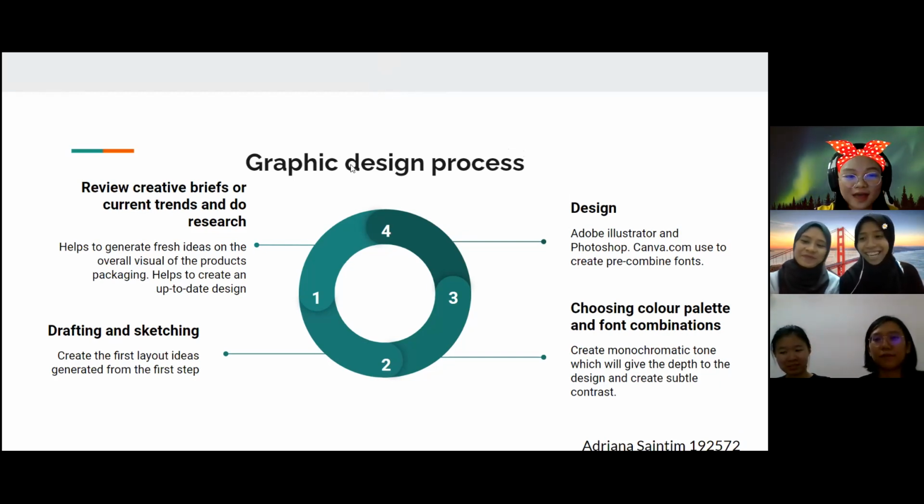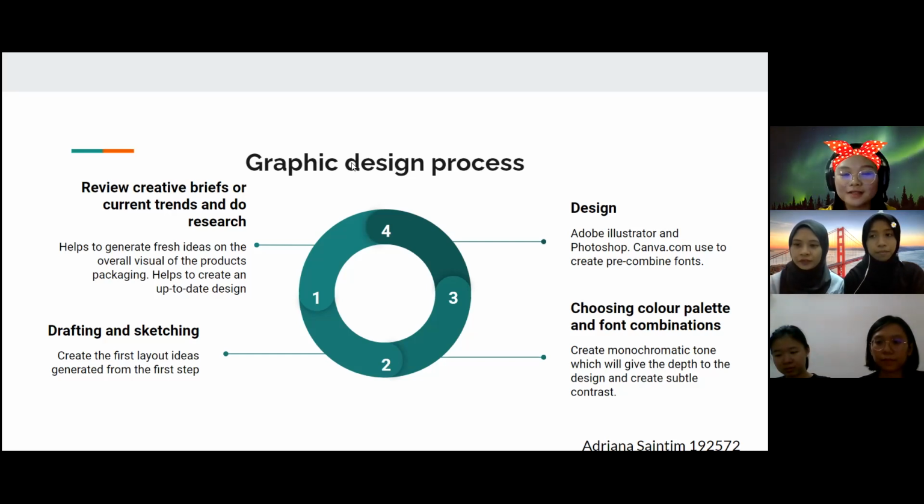This step helps to generate fresh ideas on the overall visuals of the product packaging, and also helps create an up-to-date design, which can fit into the current society trends.